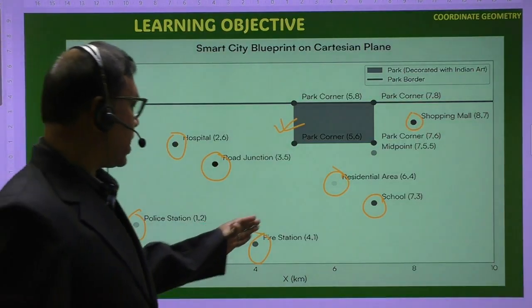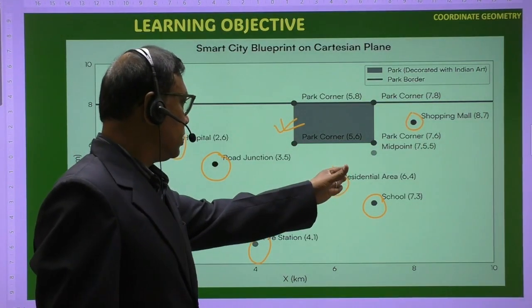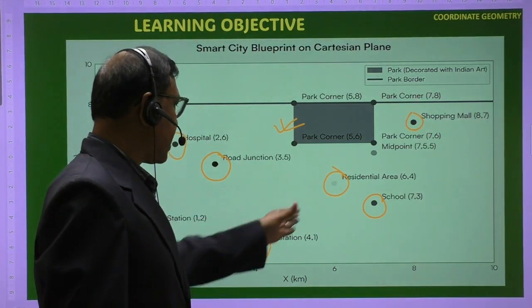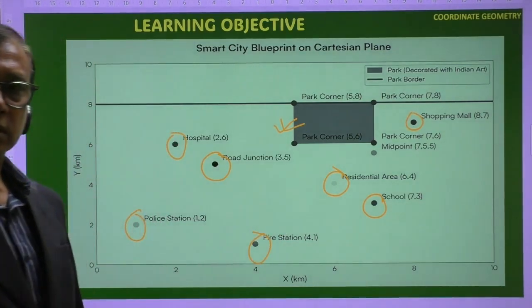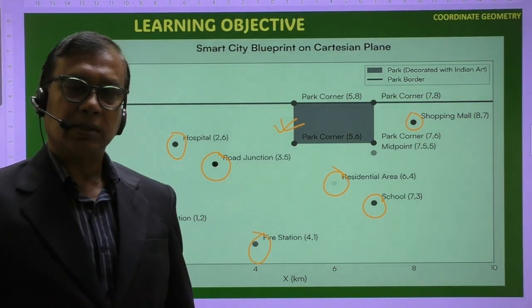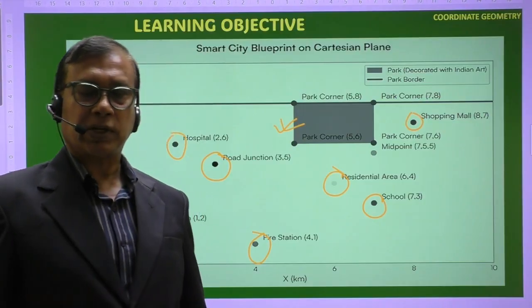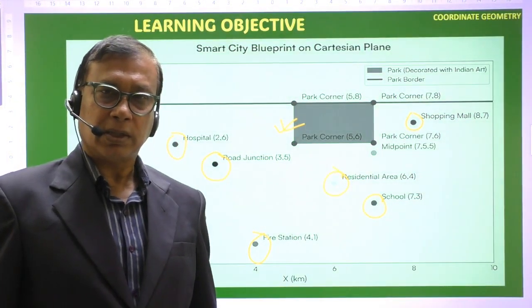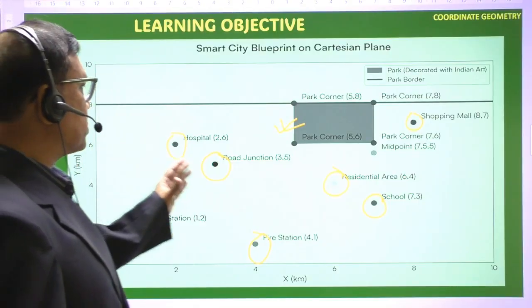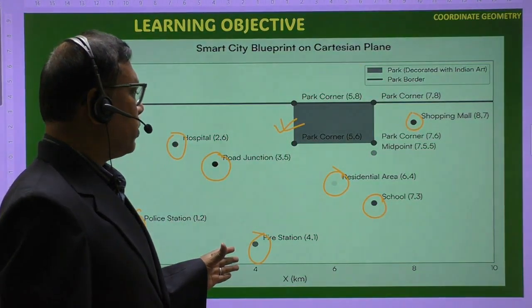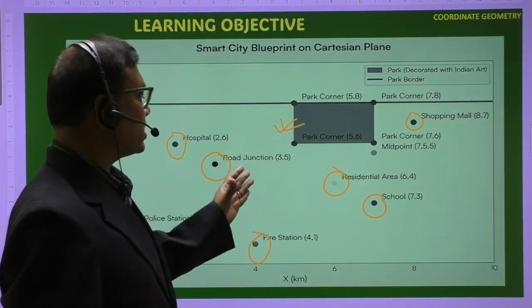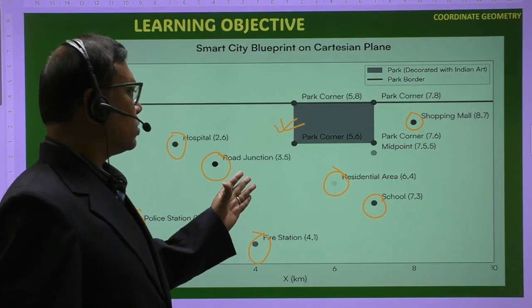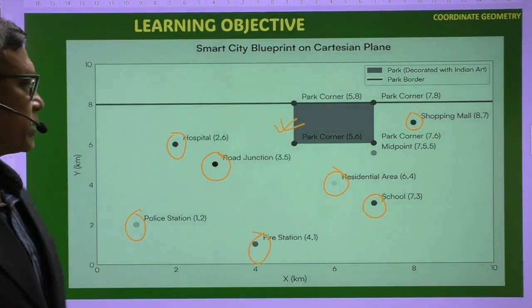Or if we want to locate the midpoint of residential area and fire station, then we need the concept of coordinate geometry. We need the concept of midpoint formula. Yes? So like this, for many questions answered, we have to learn coordinate geometry. Is it clear?